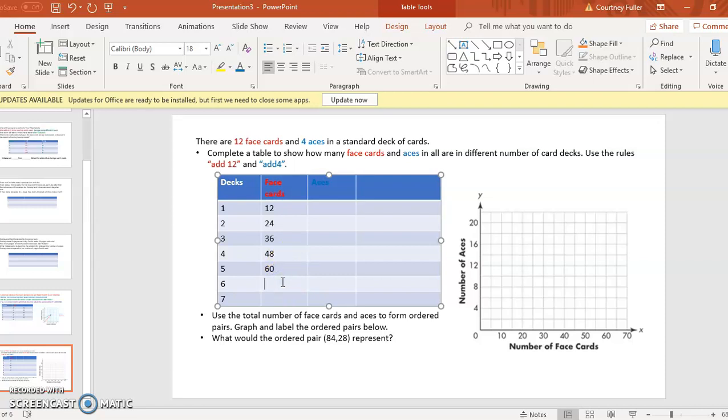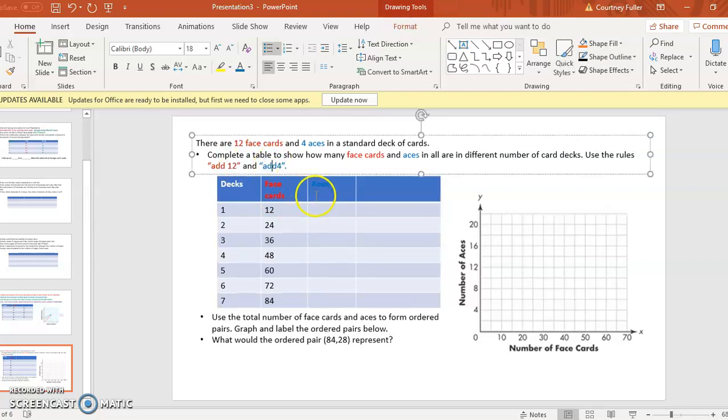Then deck 6. Deck 6 has 12 more face cards, so 60 plus 12 is 72. And last but not least, our 7th deck of cards. We are at 72 face cards plus 12 more, because we're following the rule add 12. 72 plus 12 is 84. Very good. That was the hard rule, add 12.